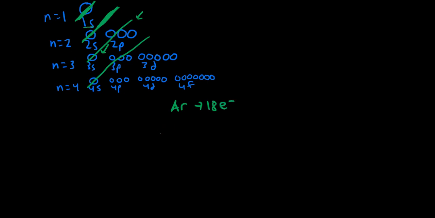So we're going to start with 1s2, and then next diagonal 2s2, next diagonal 2p6, next subshell is 3s2, and then we look at this next diagonal.